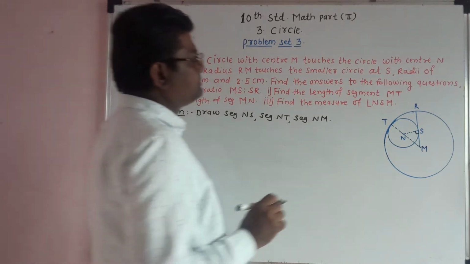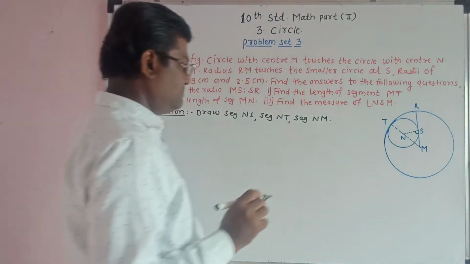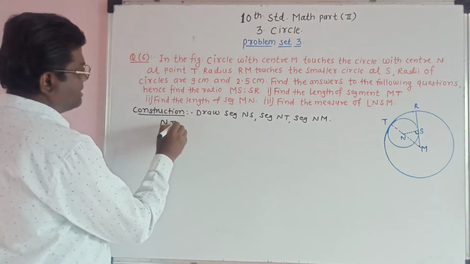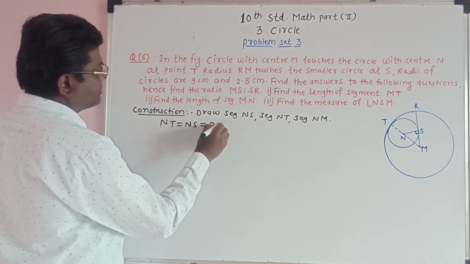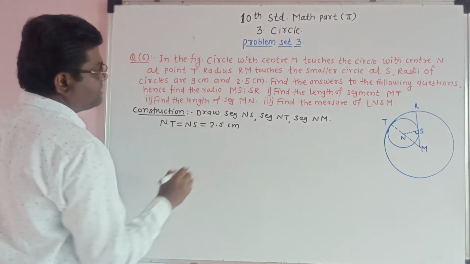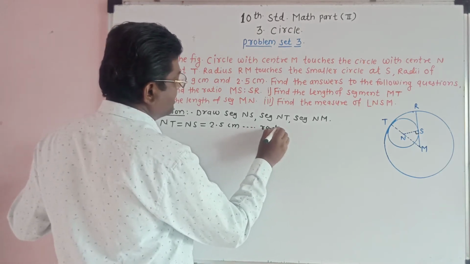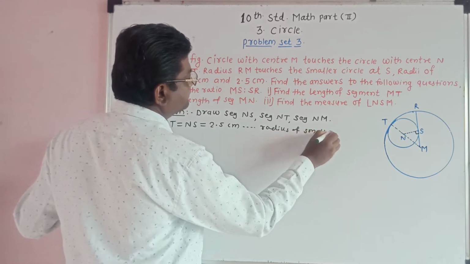Now NT is equal to NS is equal to 2.5 cm, radius of a small circle.